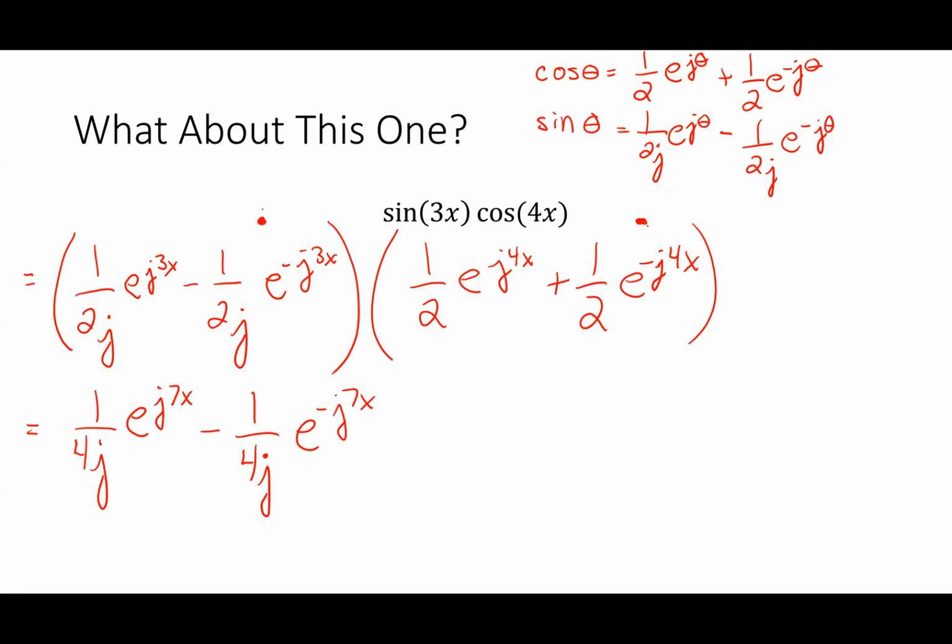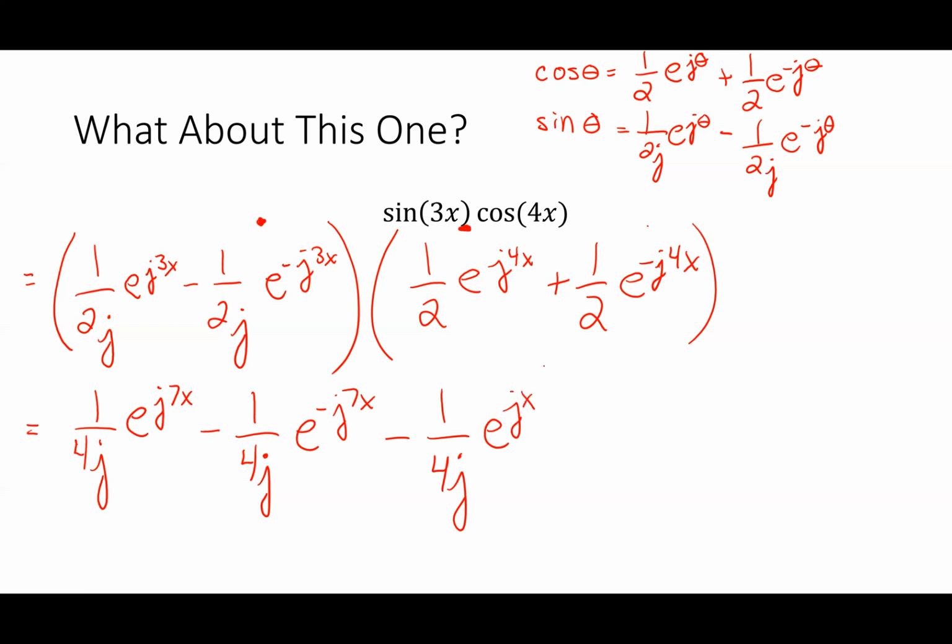All right. Now let's do this guy and this guy. What's that? Negative 1 over 4j, I got that. And then what do I have for the exponential part? E to the jx.